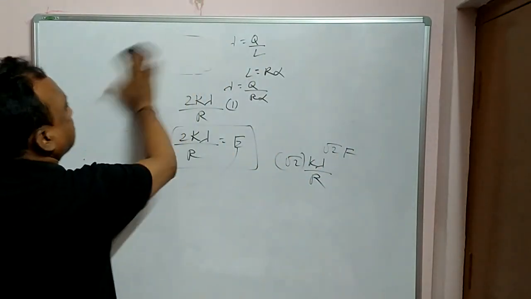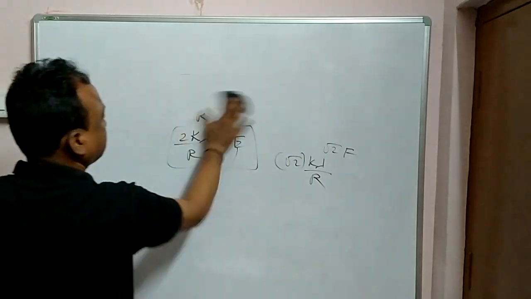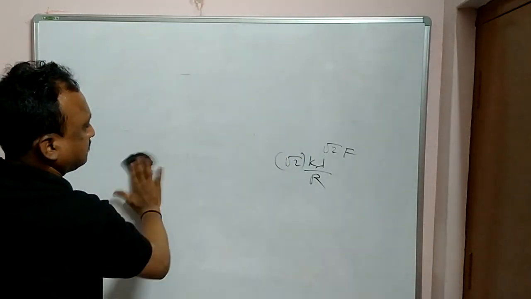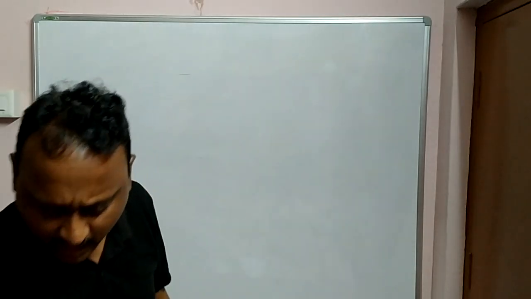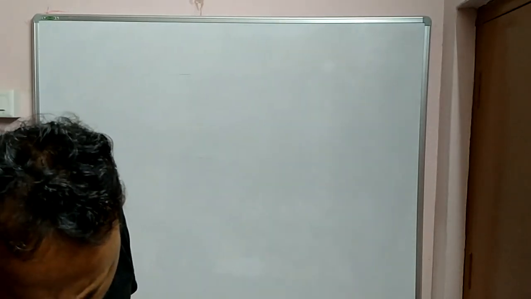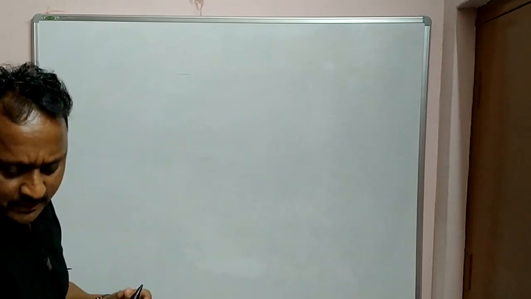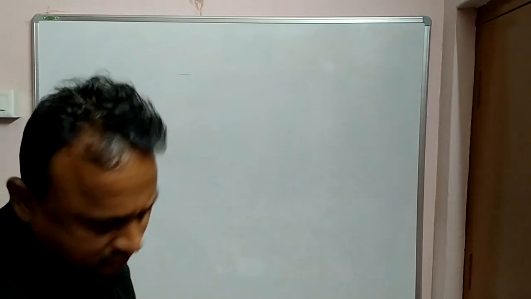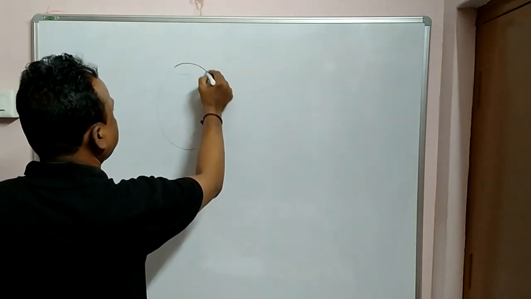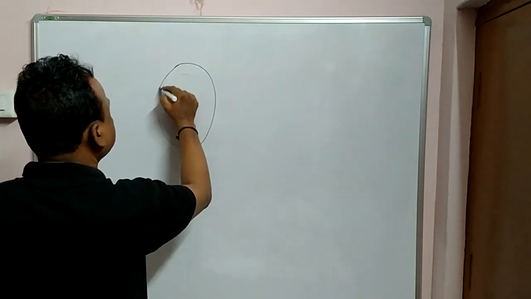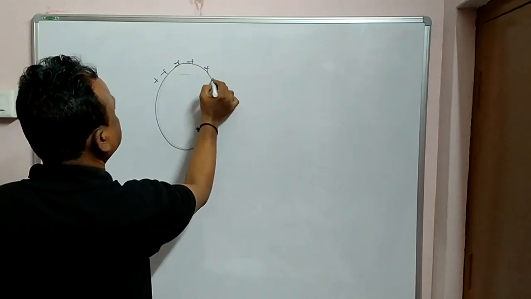The ring is left over, the uniformly charged ring. I think that will be the last one: electric field intensity on the uniformly charged ring. So this is a uniformly charged ring.